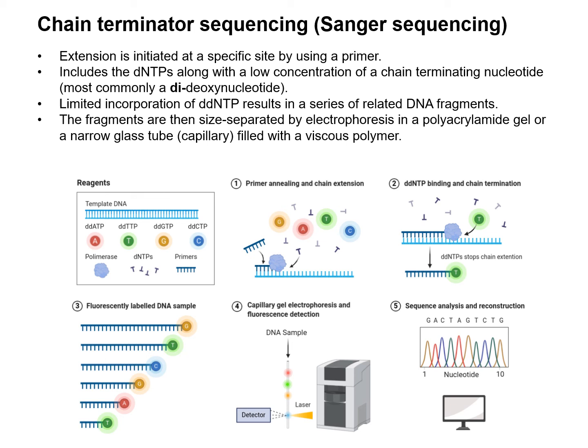So using that property, you're going to end up having a lot of DNA fragments with different sizes, and by marking that dideoxynucleotide, you can actually identify this last nucleotide by going through the polyacrylamide gel or a narrow glass tube, which is called a capillary, filled with viscous polymers, to identify individual nucleotides from the last point towards the first region, the 5' region of these DNA fragments.